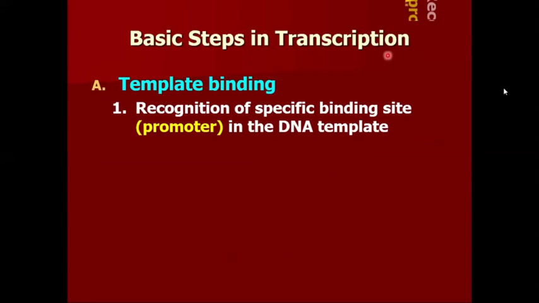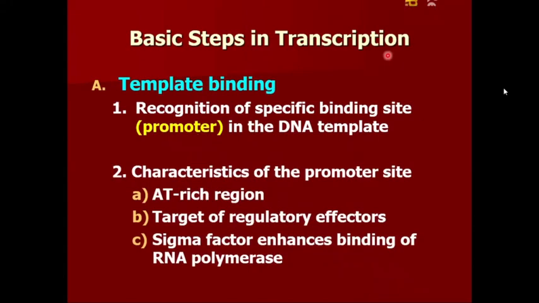First is template binding. Recognition of a specific binding site called promoters in the DNA template. What are the characteristics of the promoter site? Well, it is an AT-rich region. Okay? Just like the replication bubble, just like your ORI site.